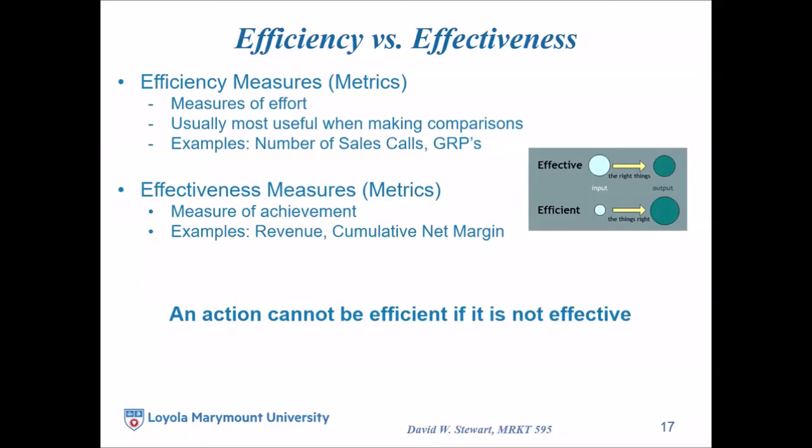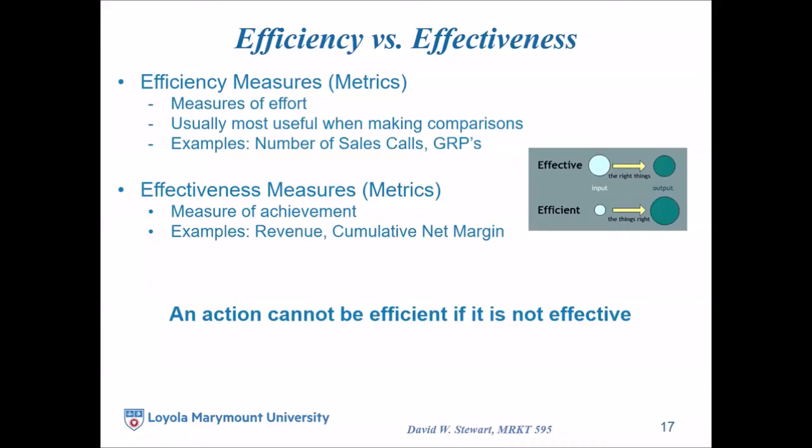An activity can never be efficient if it's not effective. If I don't produce what I wanted, it doesn't matter how much or how little it costs. So we really need to put these sorts of efficiency measures in the context of what we're trying to accomplish, and whether I'm accomplishing those things.